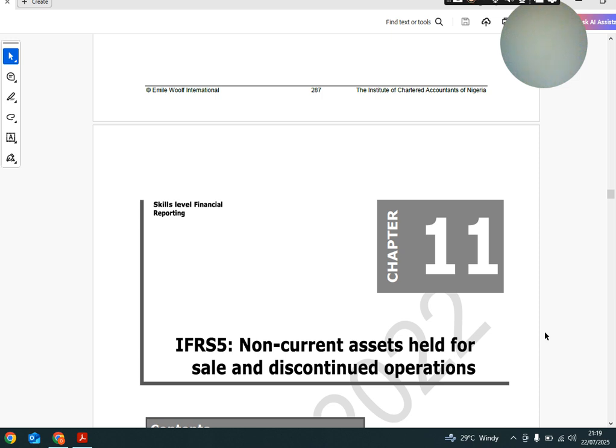Now we've been talking about assets held for sale and discontinued operations. Now I want to ask a question. Do we just pick an asset and say this asset is classified as held for sale? The answer is no. We don't just pick an asset and say this asset is classified as held for sale or discontinued operation, right?